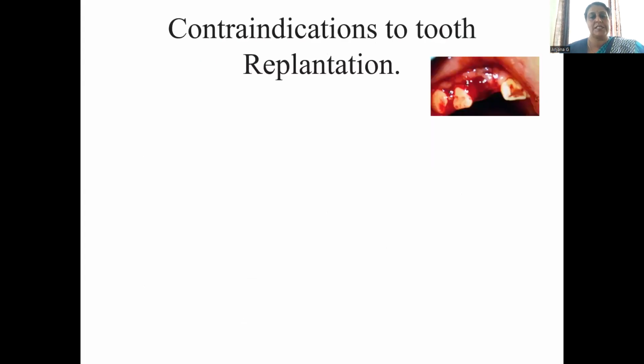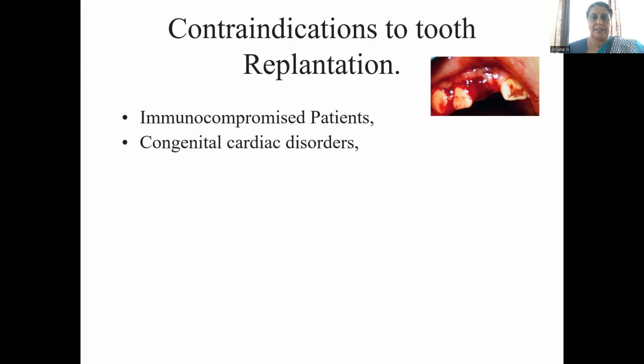Contraindications to tooth replantation. In certain conditions, don't replant the tooth. What are those conditions? Immunocompromised patients, because their immunity is compromised, introducing something like a foreign body is not advised. Congenital cardiac disorders, where there is a possibility of infective endocarditis, you don't replant.